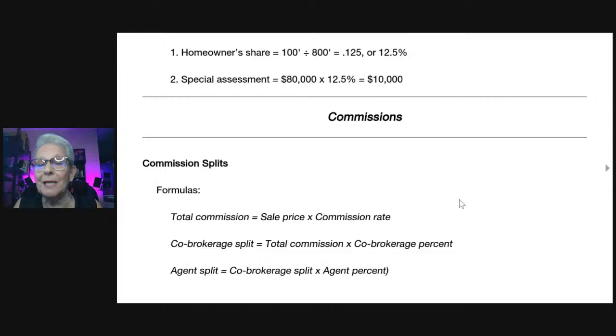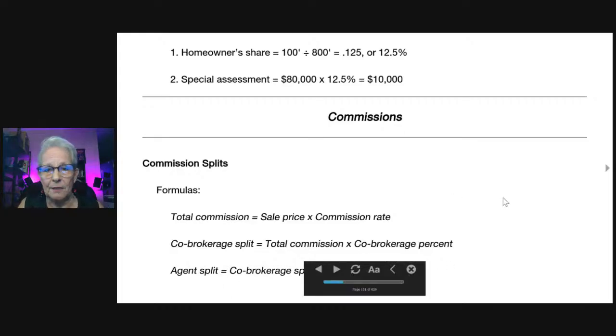That's just a generic example. The agent split, it could be 80-20, 70-30, 60-40, 90-10. The larger amount is going to the realtor, to the agent. So if it's a 90-10 commission, the brokerage gets 10%, the agent gets 90%.